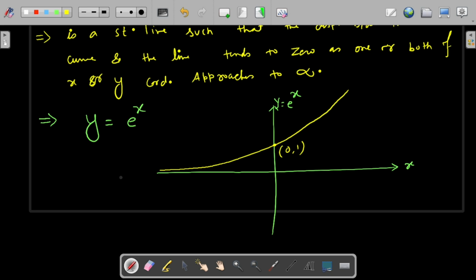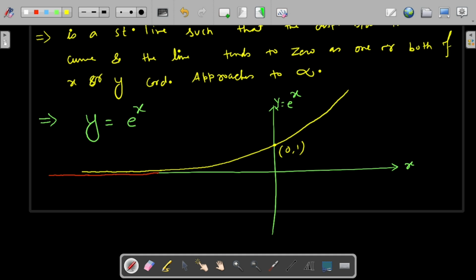As you can see here, what is the meaning of this part? It is saying that if x goes towards minus infinity, this curve will be approximately going like this. You will feel that it is going parallel to this negative x-axis.